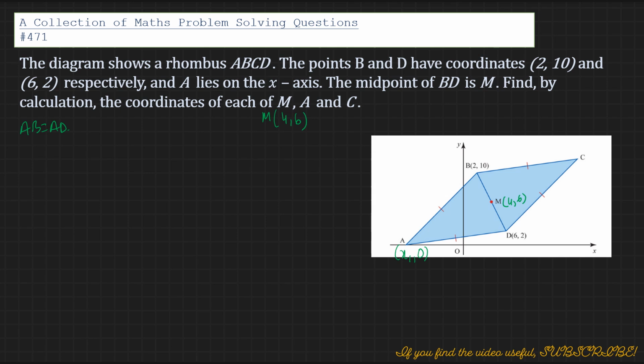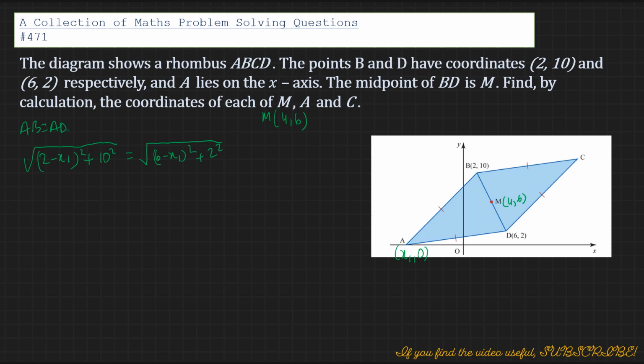Therefore the distance AB, using the distance formula, is the square root of (2 minus x1) whole squared plus 10 squared, equals the square root of (6 minus x1) whole squared plus (2 minus 0), that's 2 squared.